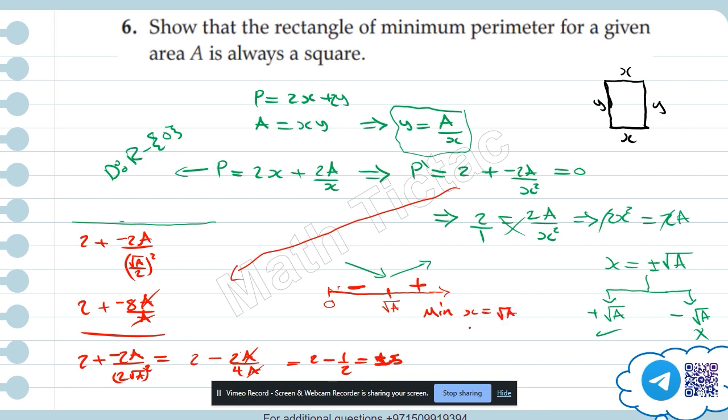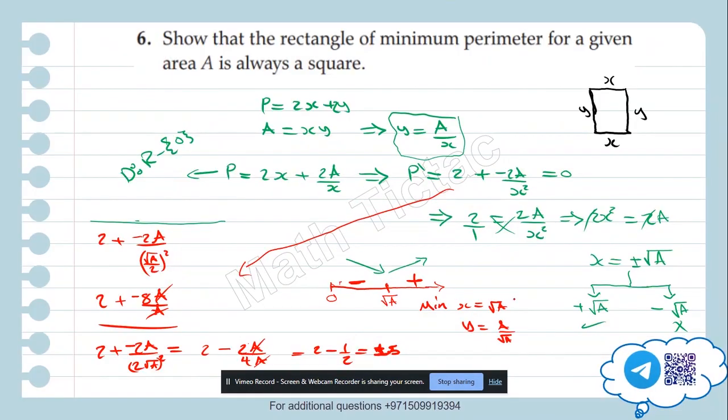So let's find y, which is equal to a over x. So a over square root of a is a times a to the power minus 1 over 2, after raising the square root to the upper side.